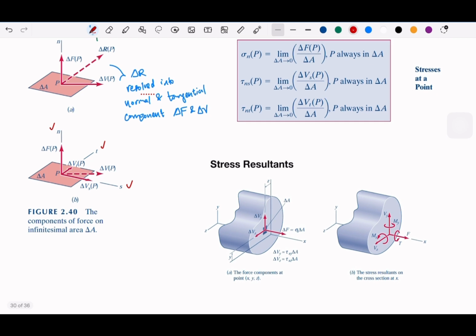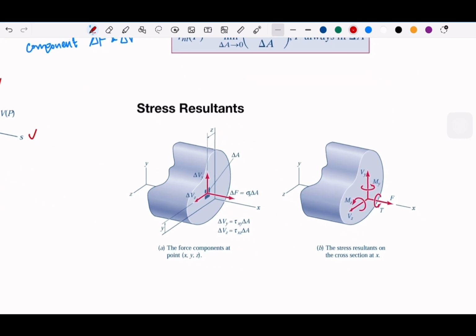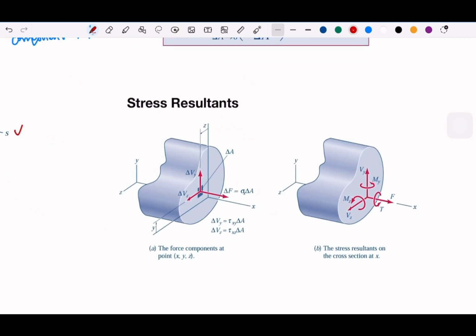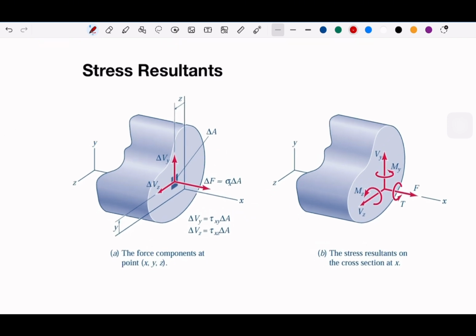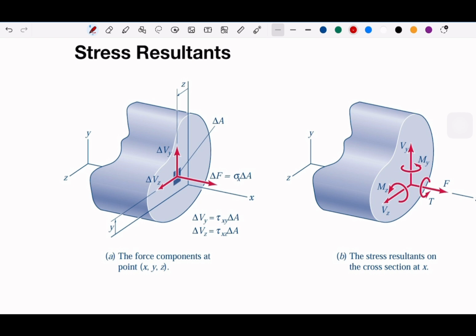So if we look at the new figure here, we could see another definition that is built up from the normal stress and the shear stress, which we define as the sigma x and the tau xy or tau xz. So the stresses on the small element delta A, as we mentioned here.